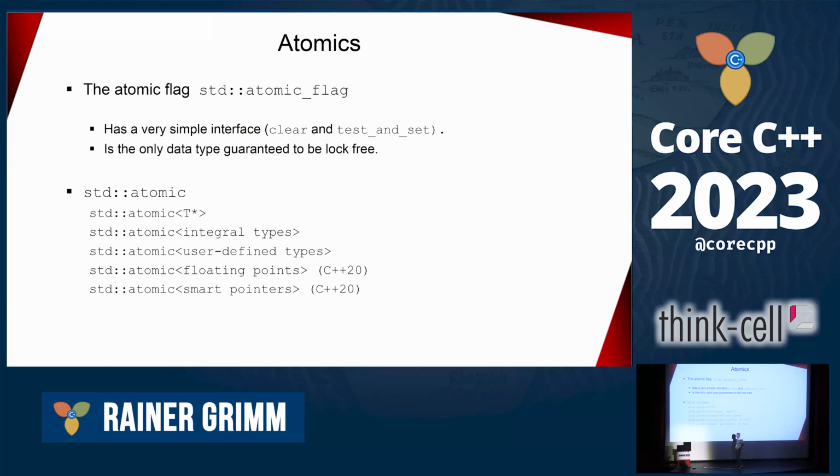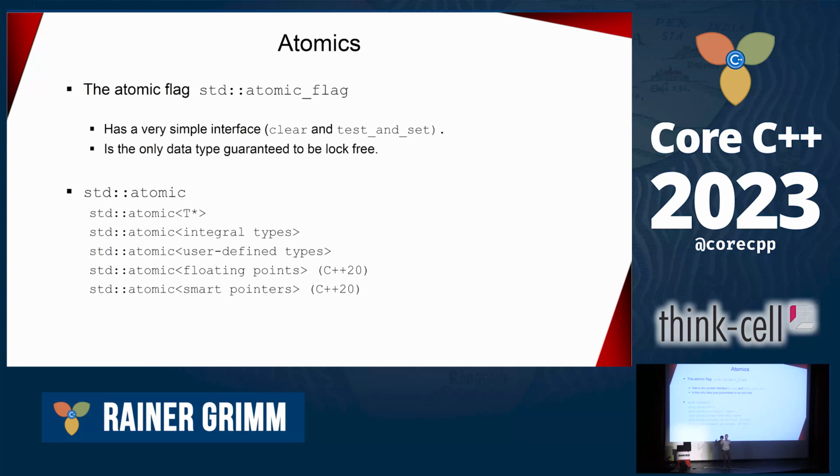And essentially we have two different kinds of atomics. First of all, we have std::atomic_flag, and second, we have std::atomic, which is a class template which has many different partial and full specializations. Atomic flag is something extremely special. Why? This is the only thing we have which is guaranteed to be lock-free.